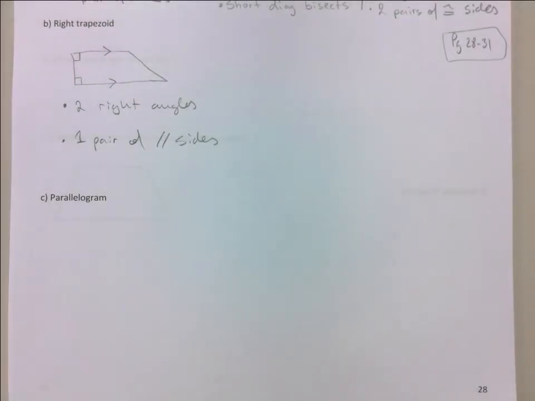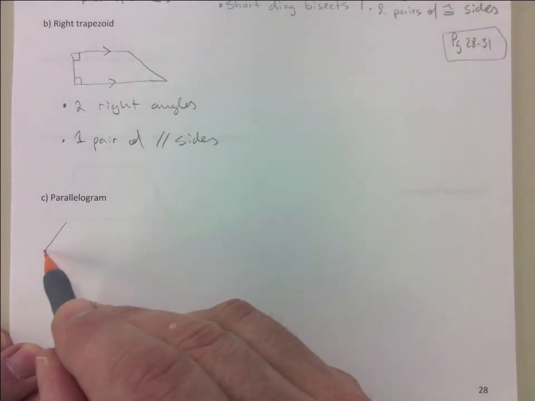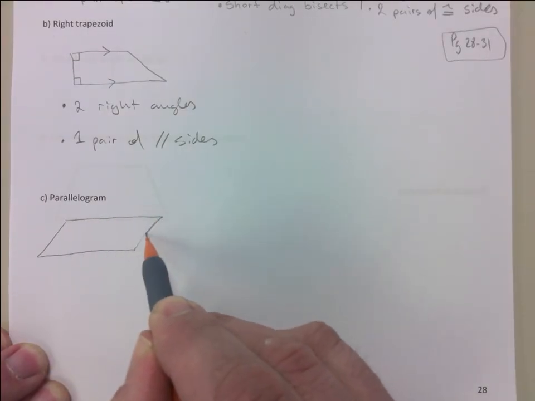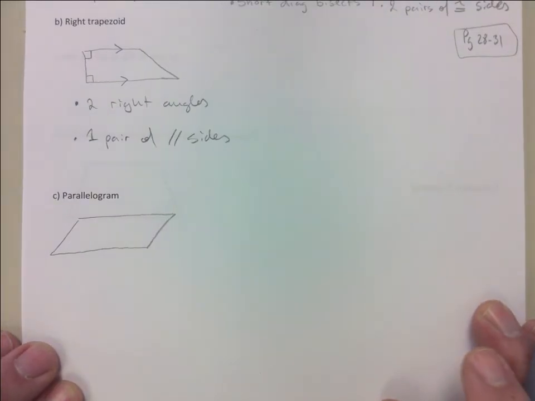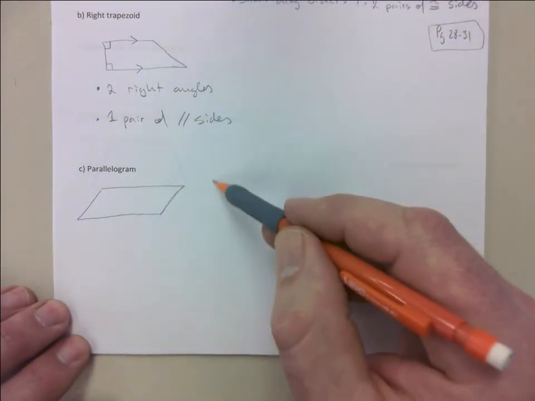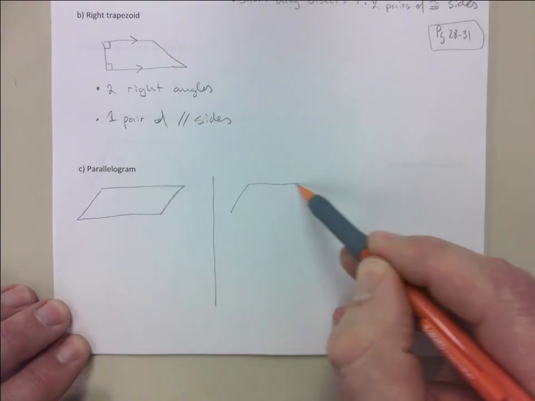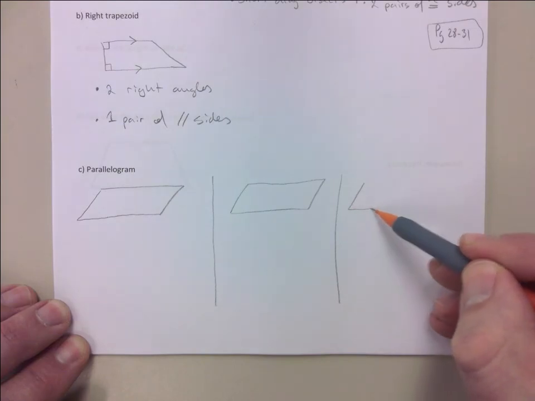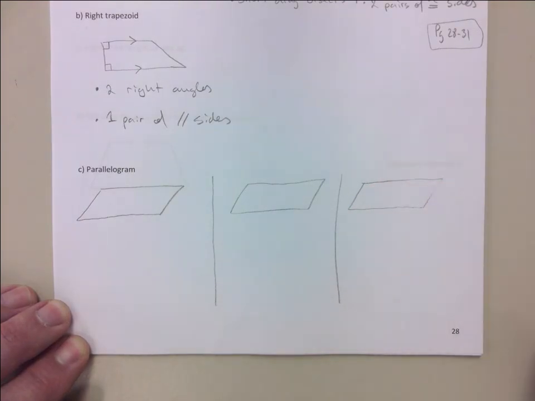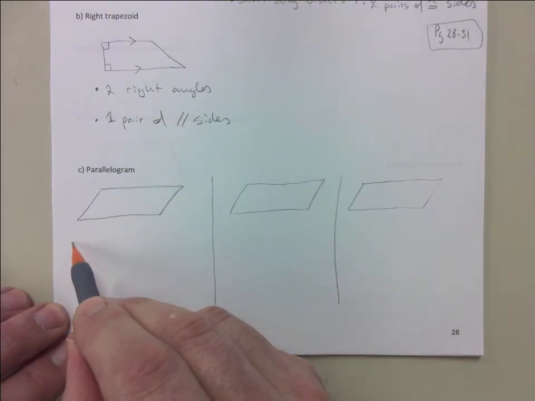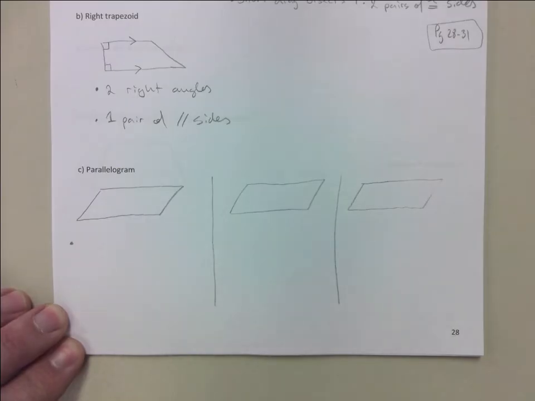Parallelogram. That one has tons of versions, guys. I just need you to know that it looks like this. It's a slanted rectangle. So we're going to do that. We're going to do another one at least. So let's stick to the sides.